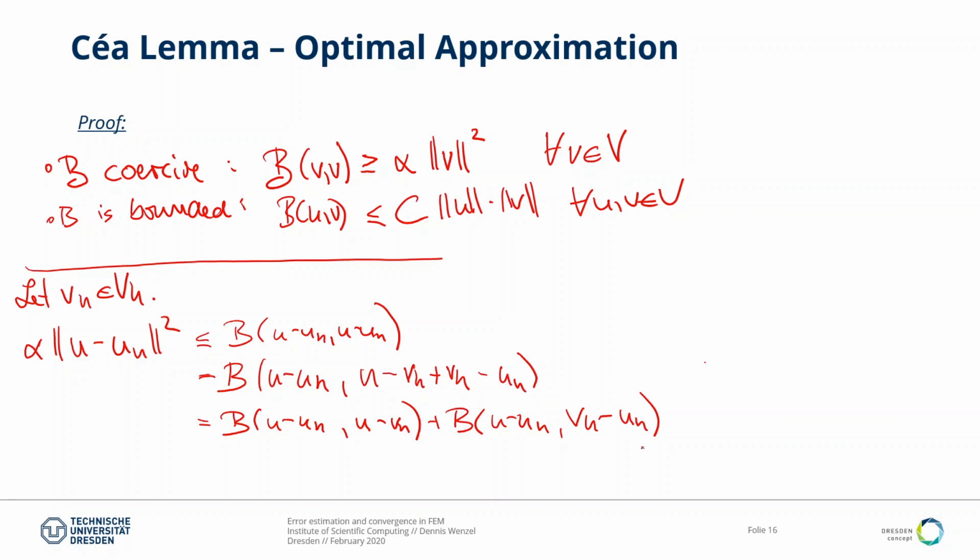Now it becomes interesting, because here we observe that we have a test function that is VH minus UH.